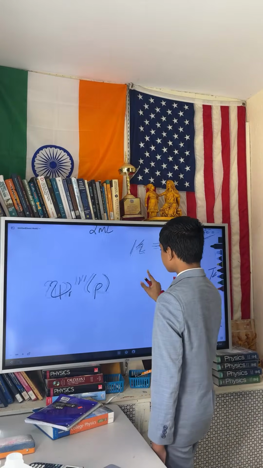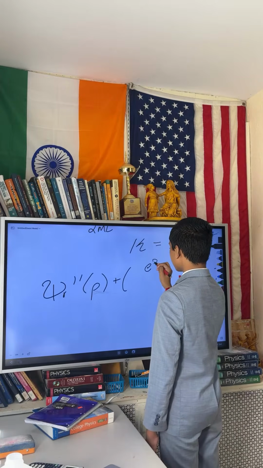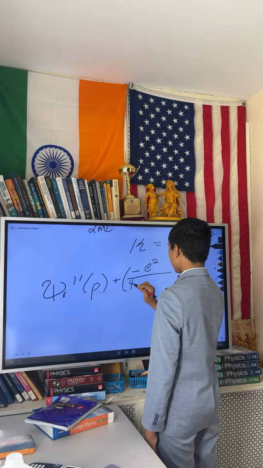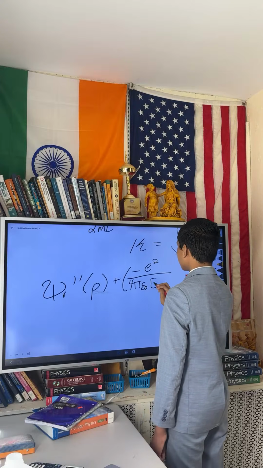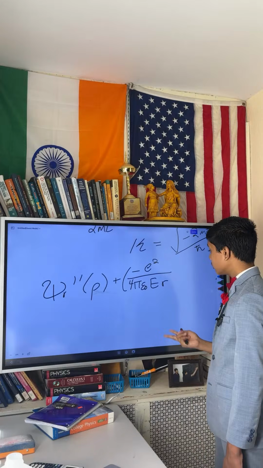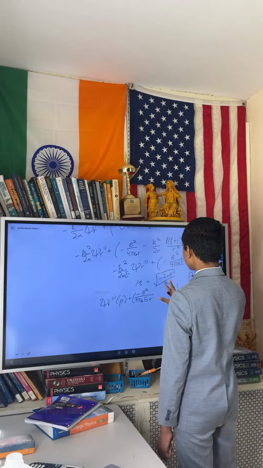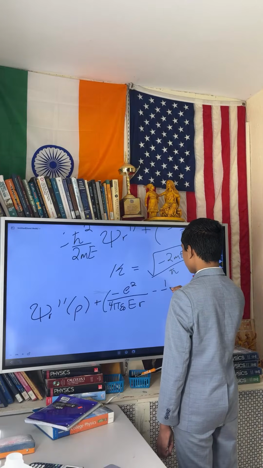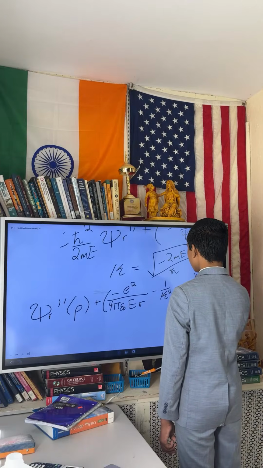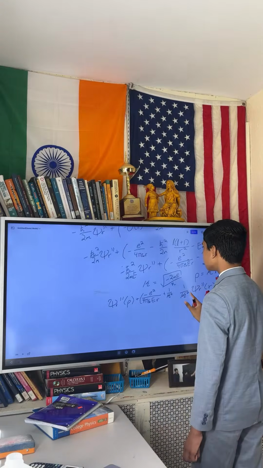We get plus minus e squared over 4 pi epsilon naught er. We will deal with that later. Minus, would you look at that? That's another kappa squared. Well, this would actually be positive kappa squared.